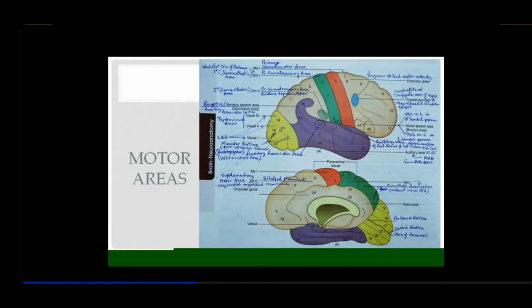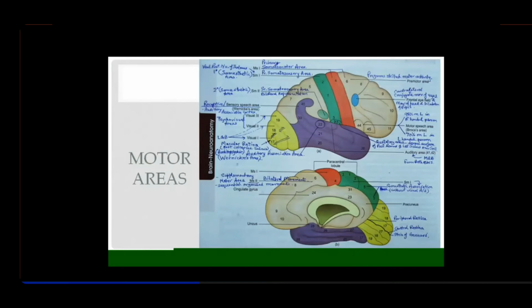While in the left-handed population, the people who work with their left hand, right? Even in them, 70% have Broca's area active on the left cerebral hemisphere.